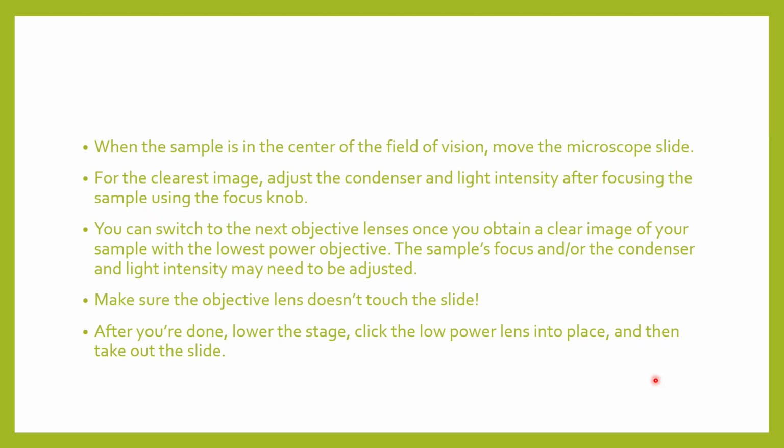You can focus again, adjust the coarse and fine adjustment knobs, bring the clarity, and observe with the microscope. The only thing you have to know is that the objective lens should not touch the slide. You can bring it as high as possible, but you should note that the objective lens is not touching the slide. That one thing has to be done.